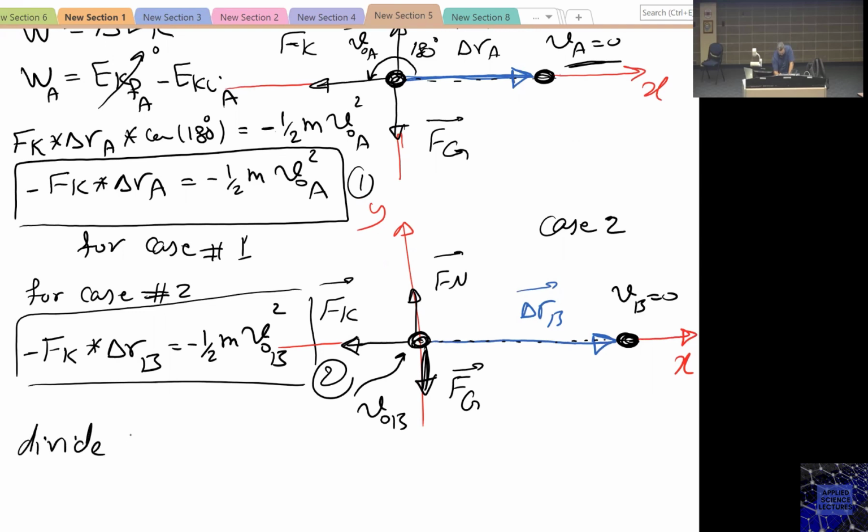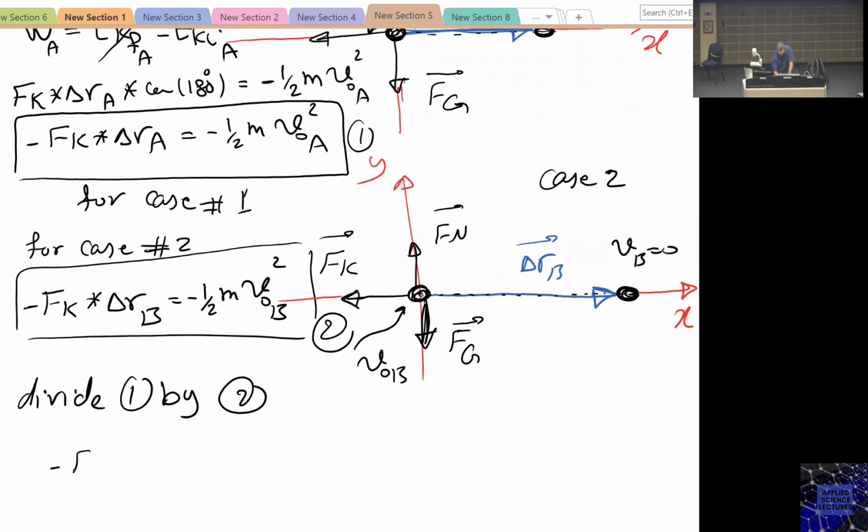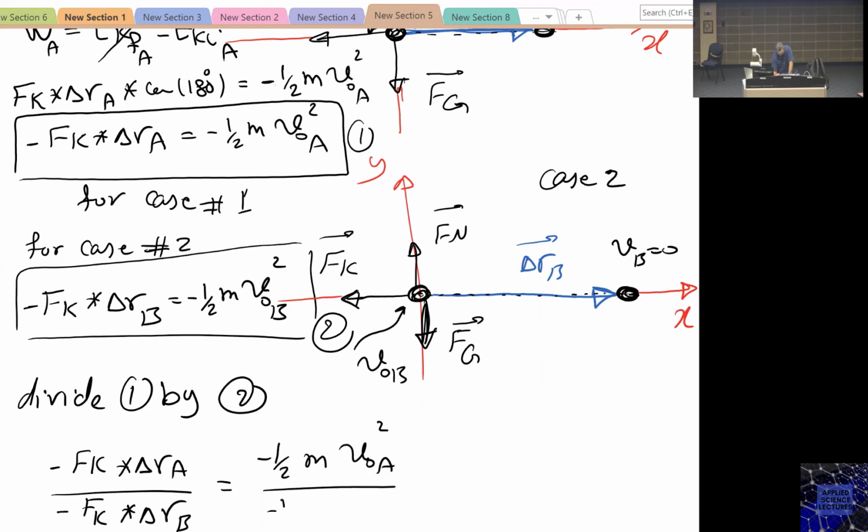Divide 1 by 2. I get minus Fk times delta RA over minus Fk delta RB equals minus half m v naught A squared divided by minus half m v naught B squared.